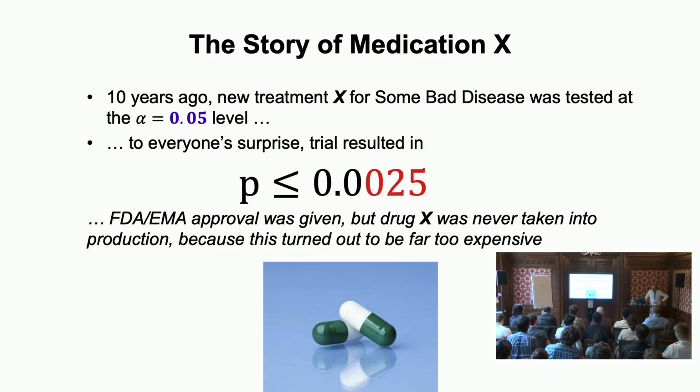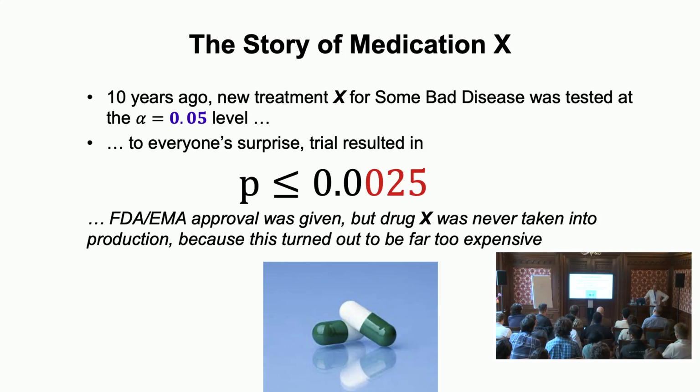So here's a motivating example. Let's say we have some new treatment for a bad disease, which was tested at the 0.05 level 10 years ago, but it gave a super small p-value, so it was very impressive. Everybody who got treatment X was cured, and nobody who didn't get it was cured.